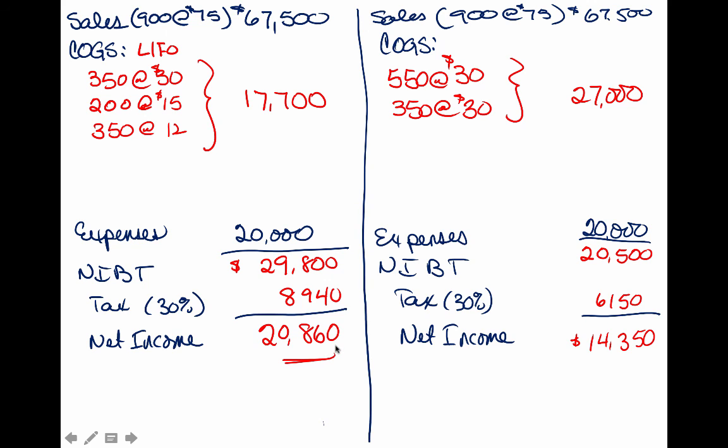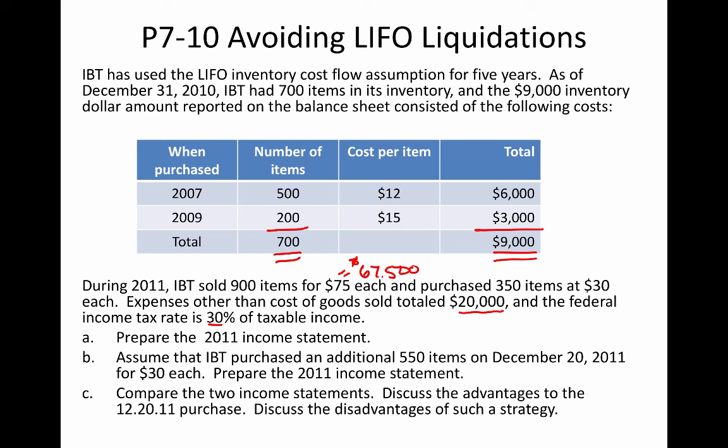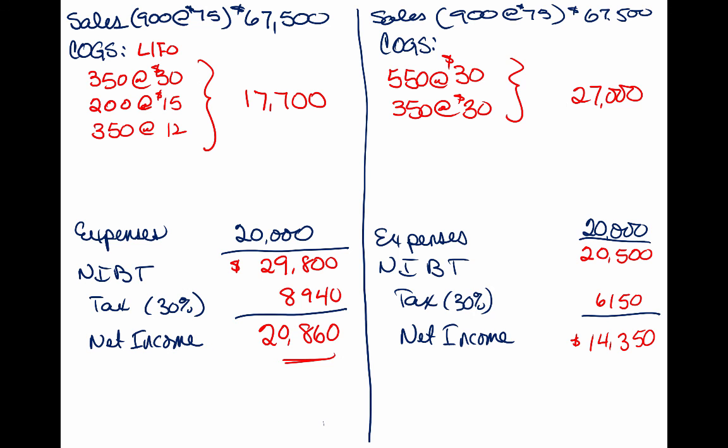But what if the company instead said, I'm going to go out on December 20th and buy another 550 units of inventory at $30 each.